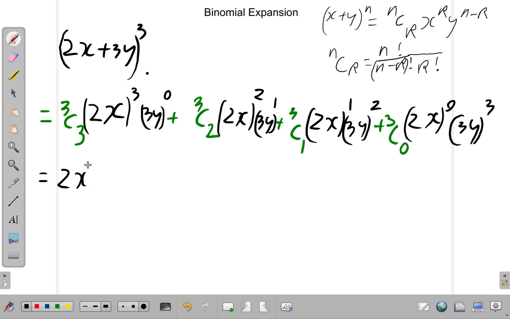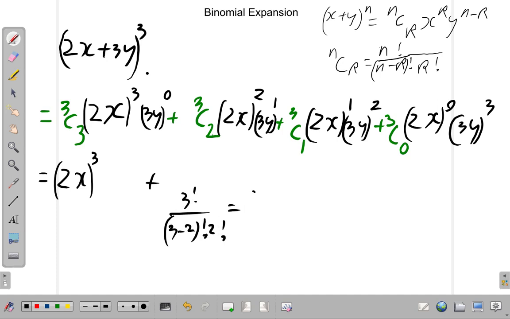But when you have 2x to the 3, we'll expand it later on. It's 2x to the 3, 3y to the 0. We can leave off 3y to the 0 for now. It's just 1. Plus 3c2. What is that? It's 3 factorial over 3 minus 2 factorial times 2 factorial.